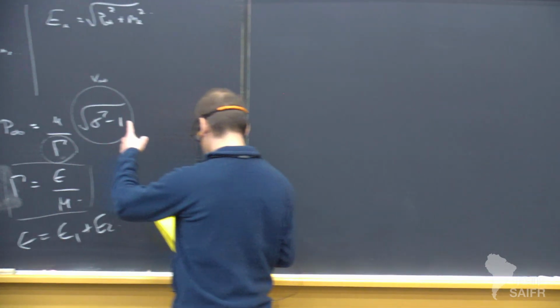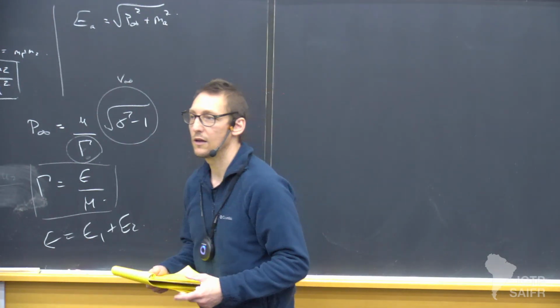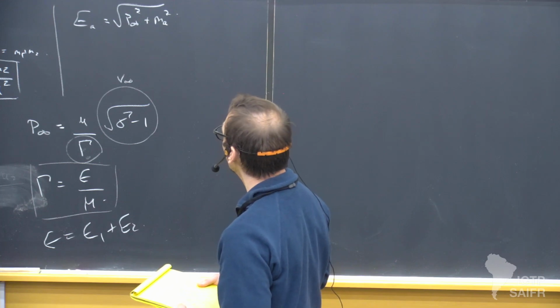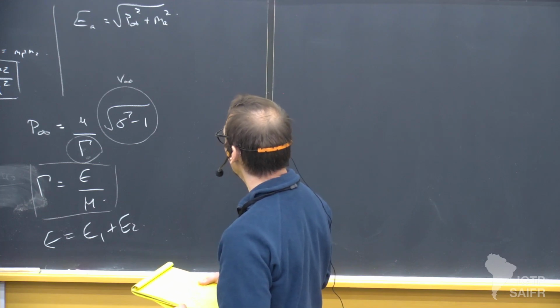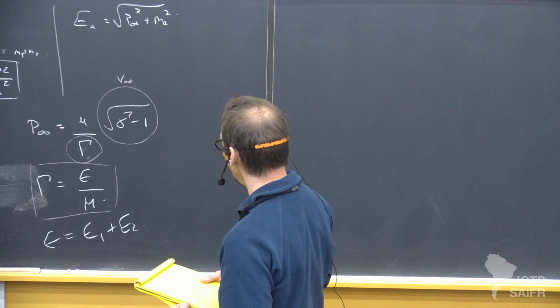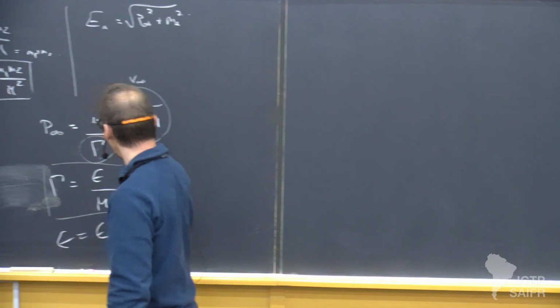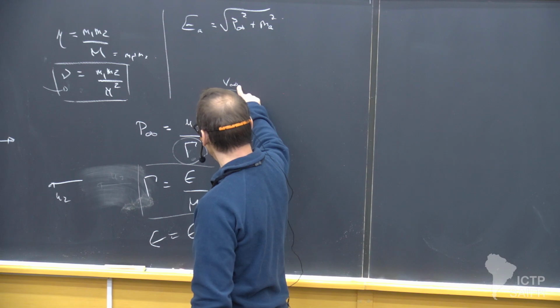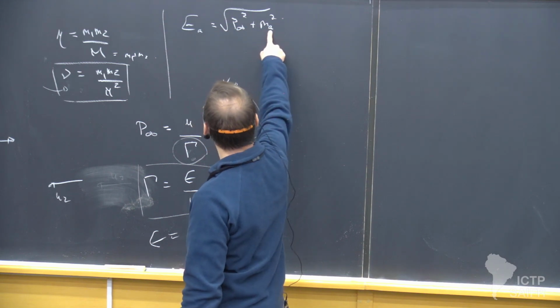This I define. Yes? Sigma? Did I say the right sigma somewhere? This big gamma, E over M, mu, gamma, where is sigma?